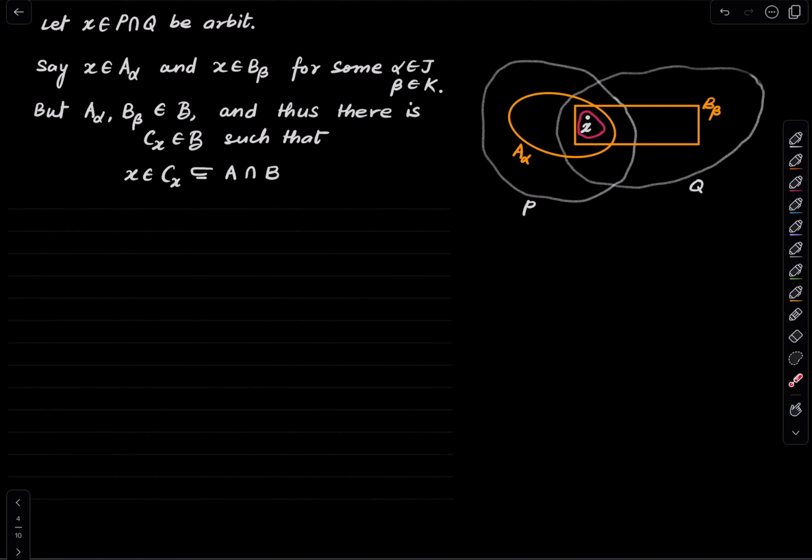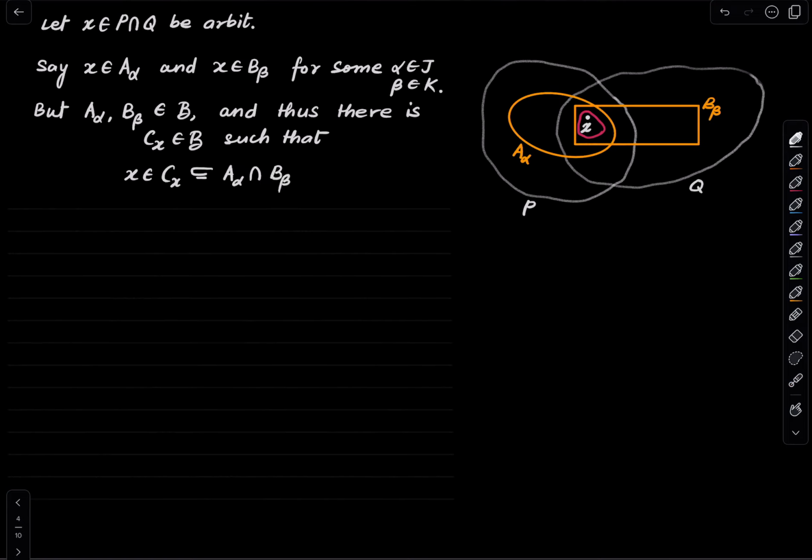Once again, this is a basis element, that is a basis element, x is a common point in it. By definition of the basis, there must be some other basis element such that it contains x and is contained in the intersection of the two. So here I meant to write A alpha intersection B beta.